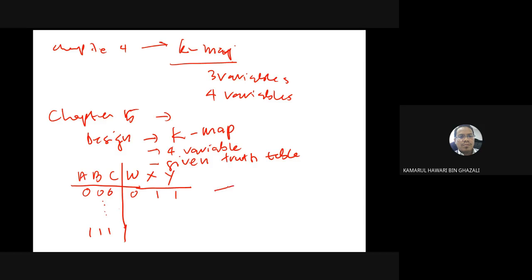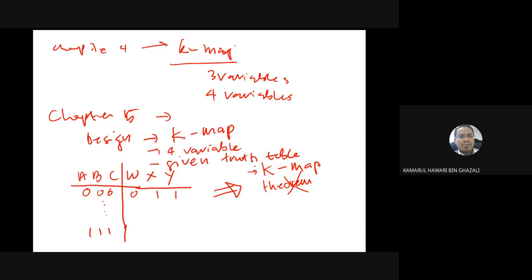Okay, so from the truth table, the next step is to get the K-maps. Why do we need K-maps? Because we want to get the output Boolean expression simplified. Don't use theorem. Theorem is not practical here. Use K-map. If you want to use theorem for simplification, it can be used in chapter 3, but for this question, use K-map.